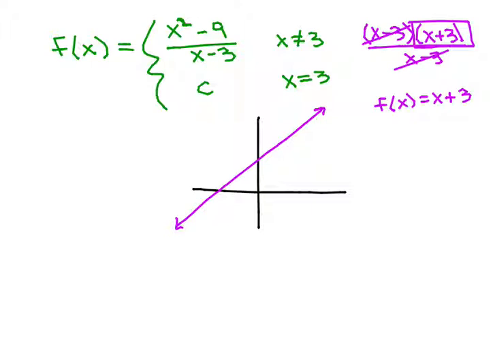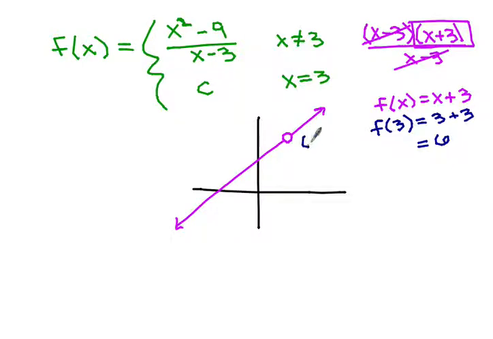However, you have that situation where at x equals 3, you have a hole, because I can't divide by 0. And so you want to know, if f of 3 were to exist, because the rest of the graph behaves like this function, this should be 3 plus 3, or f of 3 should equal 6.